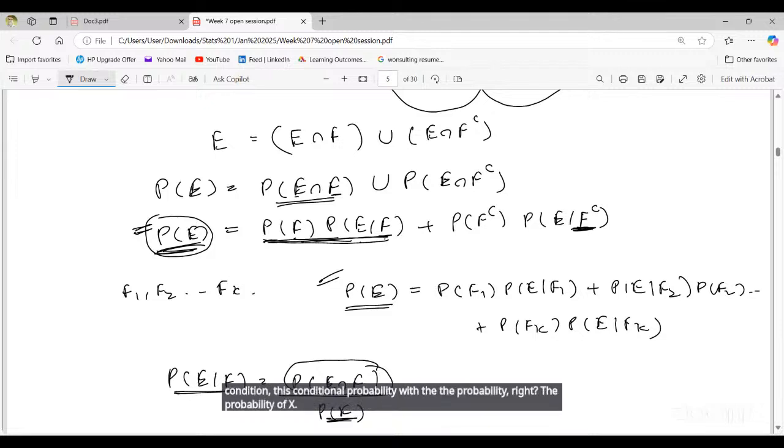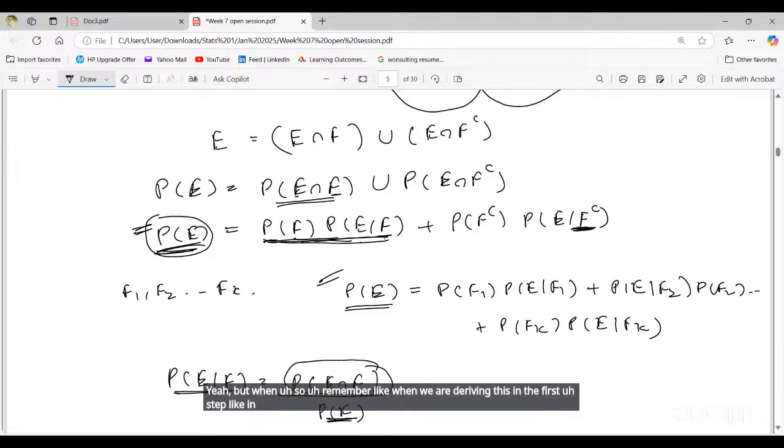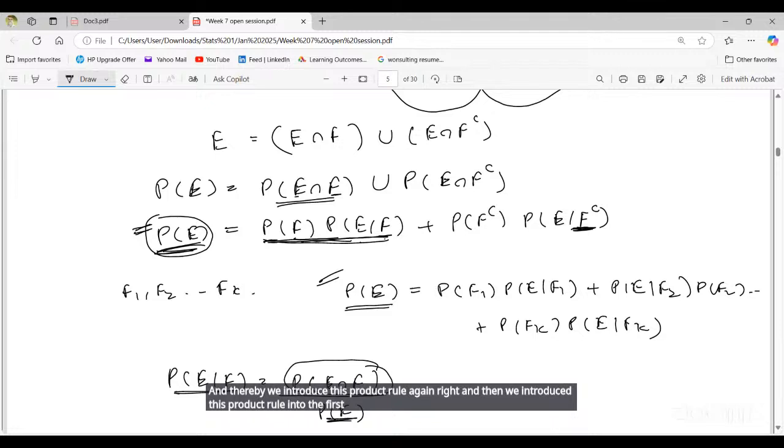Yeah, but remember, when we were deriving this in the first step, we made this claim that E and F should be mutually exclusive, and only then could we write P of E equals P of E intersection F union P of E intersection F complement, and thereby we introduce this product rule.